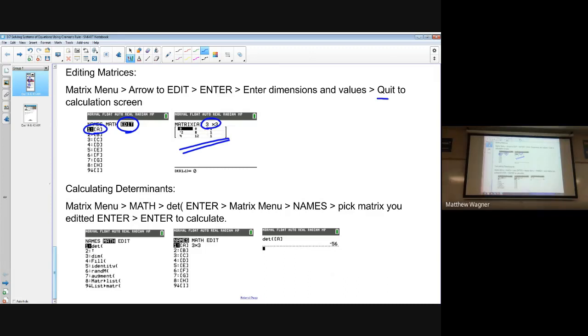So what you can do is just quit out of this once you have the matrix set up and go to your calculation screen where you type in 1/2 times. All right. At this stage, you want to go back into your matrix menu. You want to arrow over, instead of to edit, you want to arrow to math. And if you notice, these are all the calculations that will be run by your calculator. Oh my gosh. Look at the first thing, DET. I bet that means determinant.